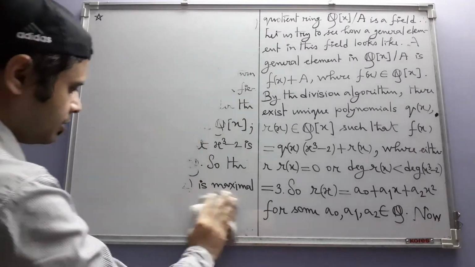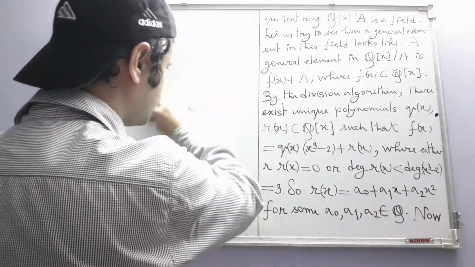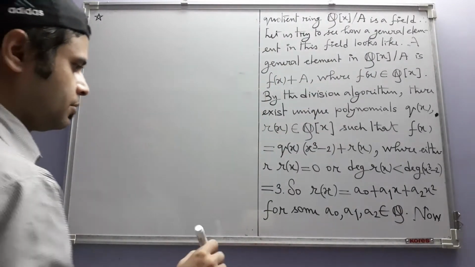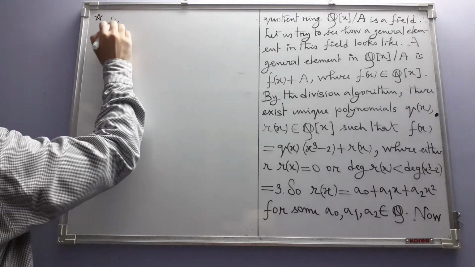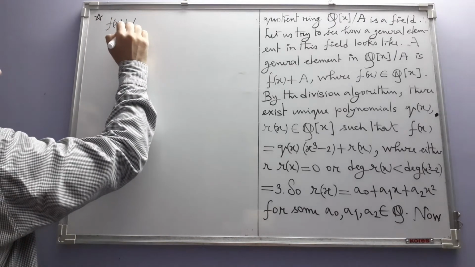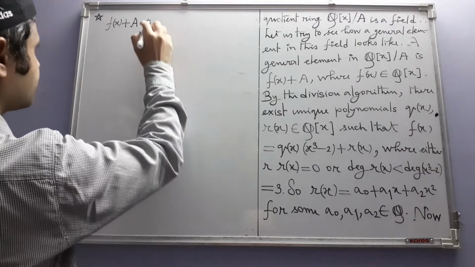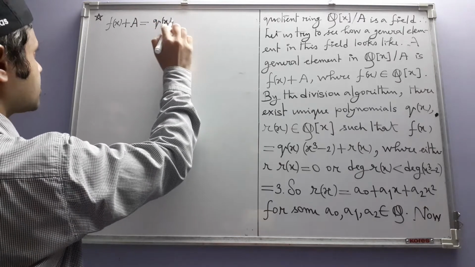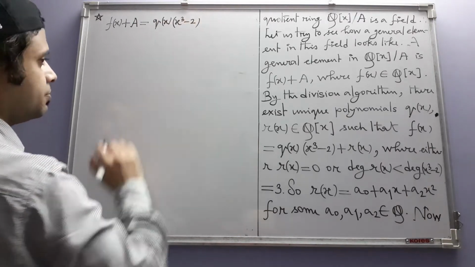In fact, we can say a lot. fx plus A, we now have an expression for fx, so this is qx times x cube minus 2.